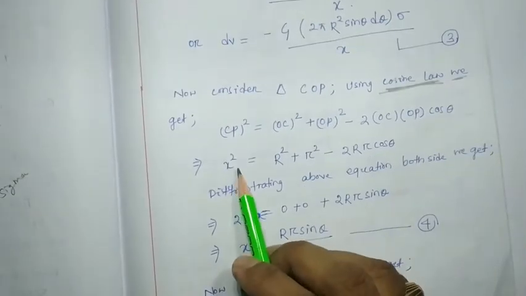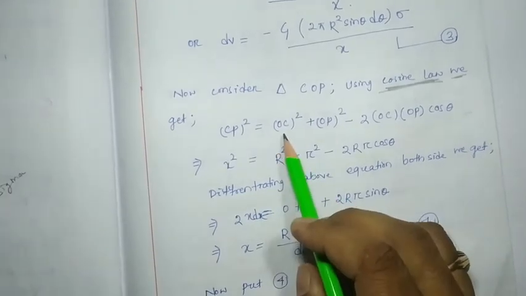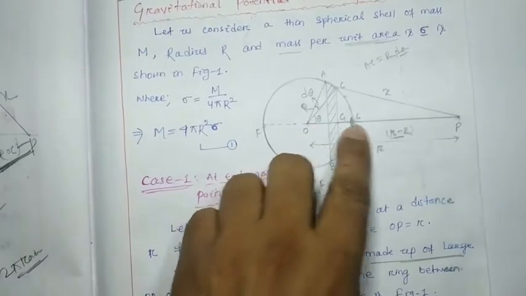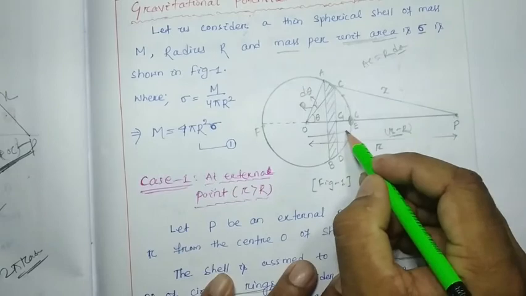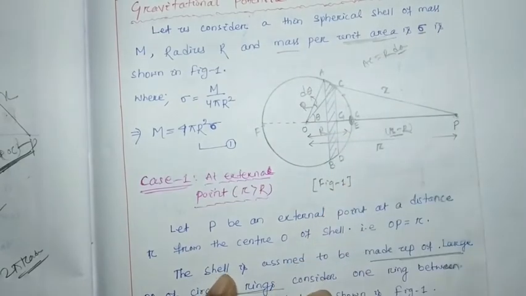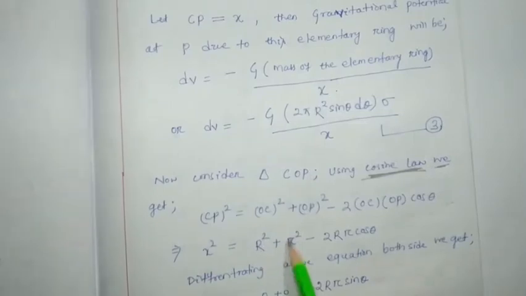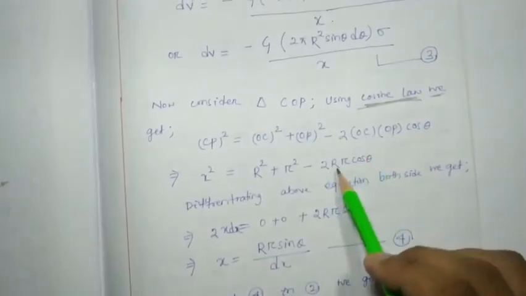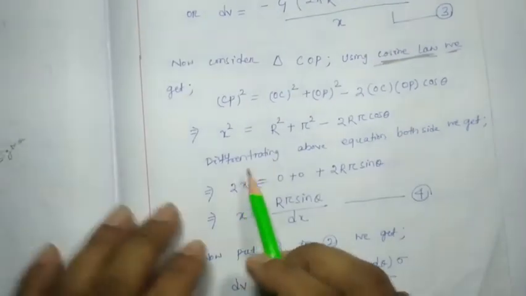That implies x square will be equal to R square plus small r square minus 2 capital R small r cos theta. OC is capital R, OP is small r.